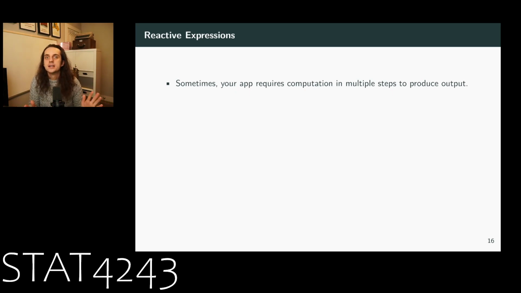So for instance, maybe you have a plot, right? And one of the inputs is going to let the user dictate the limits on the plot, right? Where should the y-axis start and end? Where should the x-axis start and end? And then perhaps other input from the user is what's actually generating the data, right? And so you could do a render plot function where you take the generate data calls, right? And then you take the plot calls.